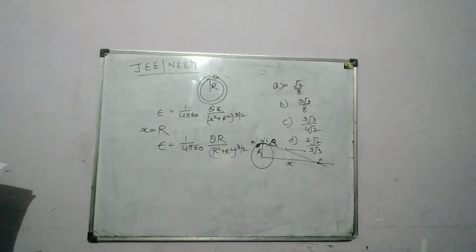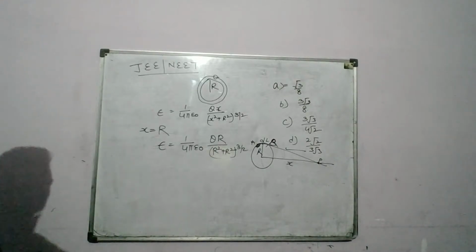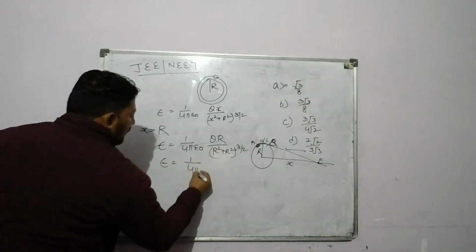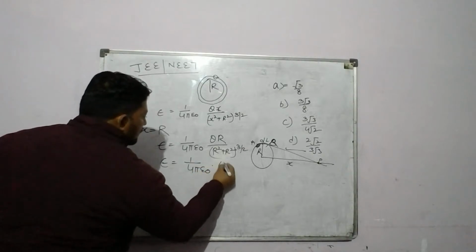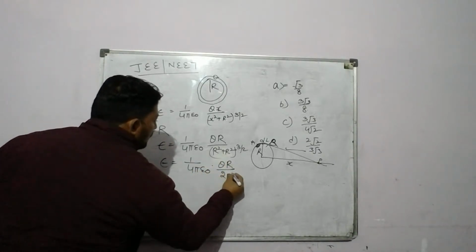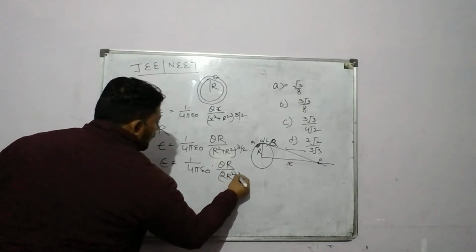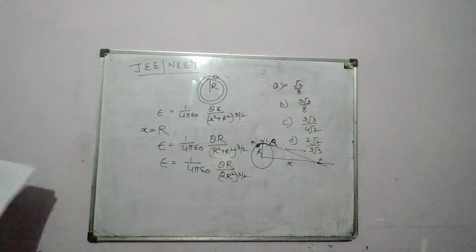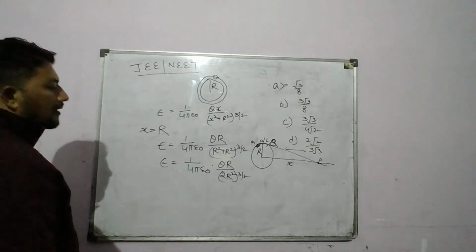Understand the question? So if this distance is equal to r, it means E is equal to 1 upon 4 pi epsilon 0 into Qr upon (2r square) raised to power 3 by 2. This is your first case.